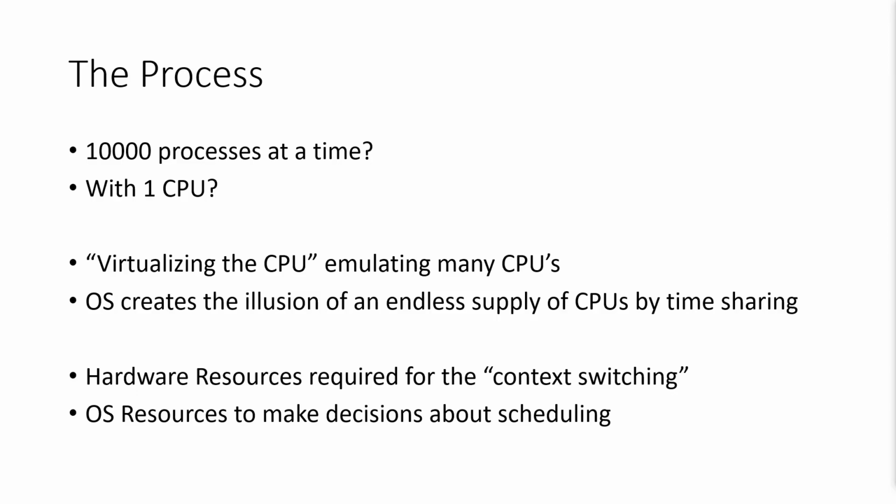Then we also need the operating system to make a decision about scheduling. The hardware mechanisms answer the question of how this happens, and the operating system resources answer the question of which program we switch to next. That's going to be based on policies.